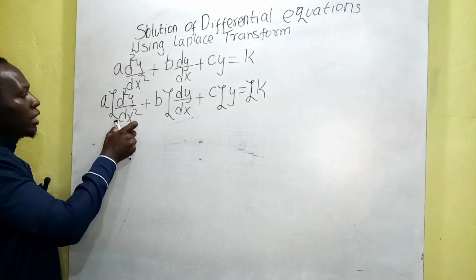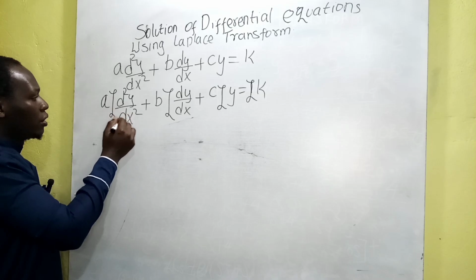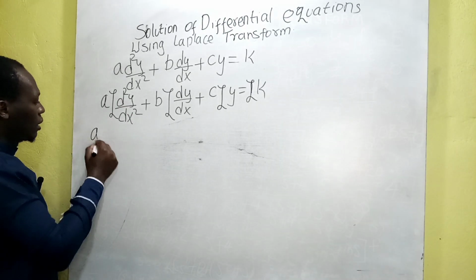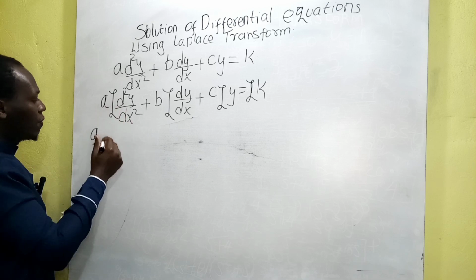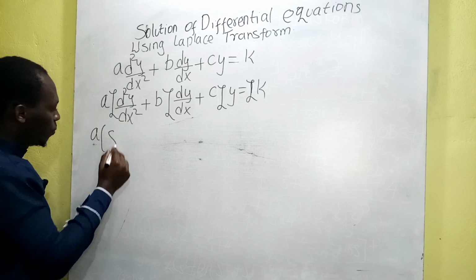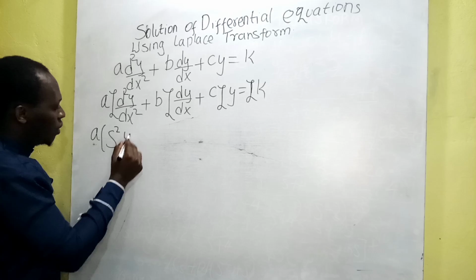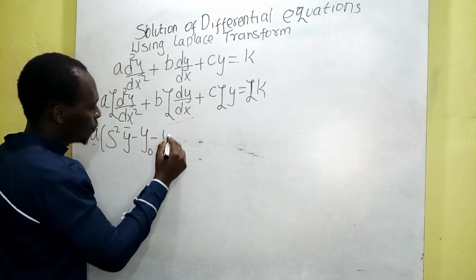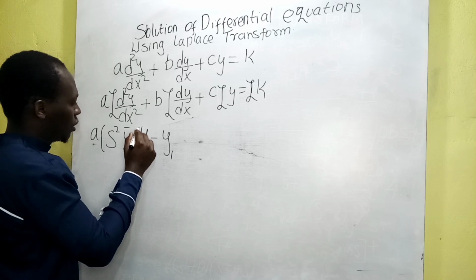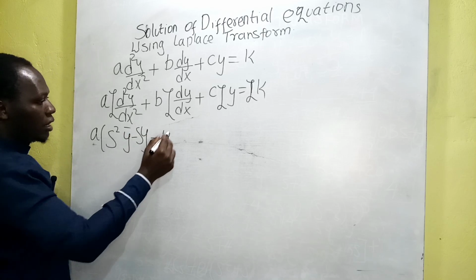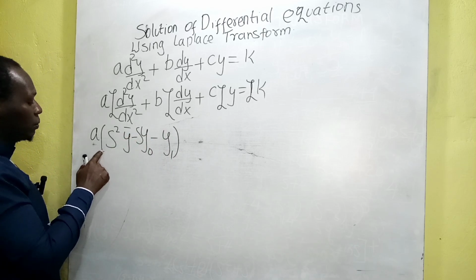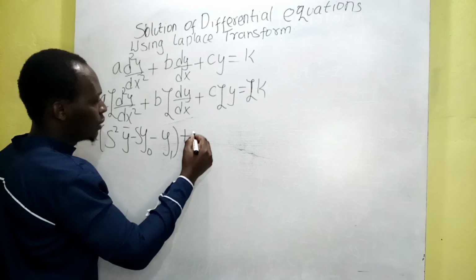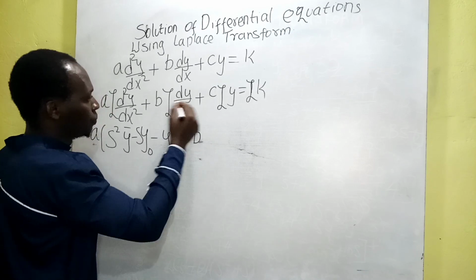Now, we need to find the Laplace transform of d squared y with respect to dx squared, whereby we say that the Laplace transform of our function here is equal to s squared y bar, we subtract sy naught, we subtract y1. Sorry, here I'm supposed to be having s because it is a second order linear equation. We add b.